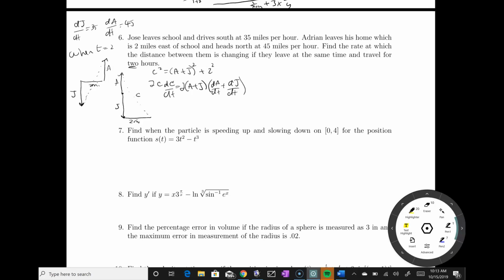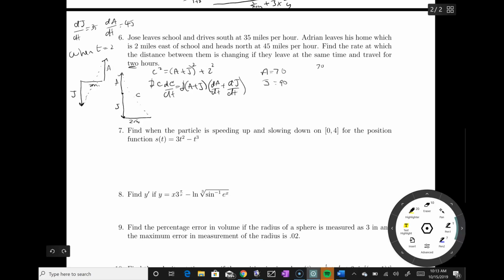and now I'm ready to use the information to plug it in. So let's see, I can cancel the 2's. So let's use that when t equals 2, so then I can find out that A will equal 70 and J will equal 90, and so then I can figure out the third side of the triangle.